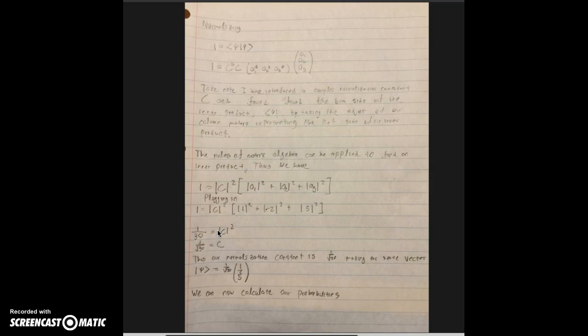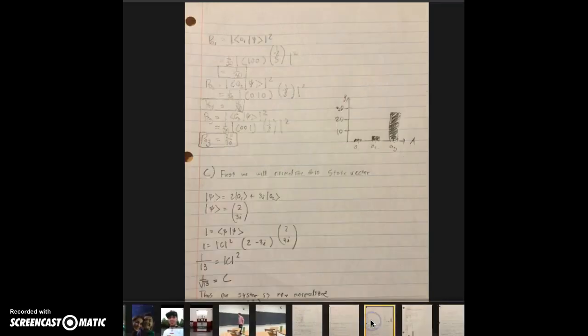So this makes our state vector this. This is just our normalization constant C multiplied in front of our column vector. So now we can use this to calculate our probabilities.